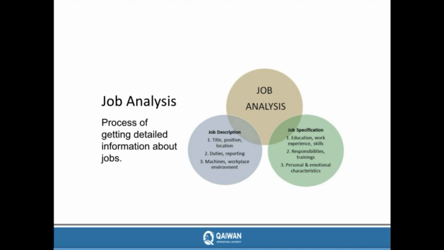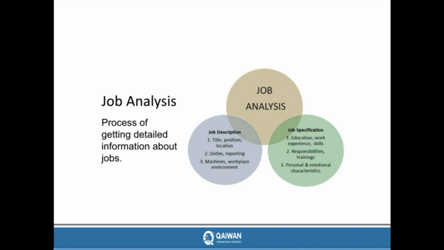When human resource managers analyze a job, they usually produce two main outcomes. First, job descriptions, and also job specifications. These are very important. When you're talking about job descriptions, this is focused on the job, not the person. What does the job involve?